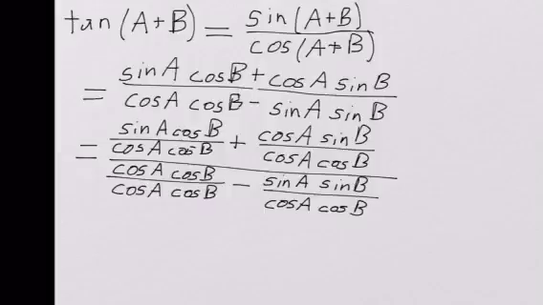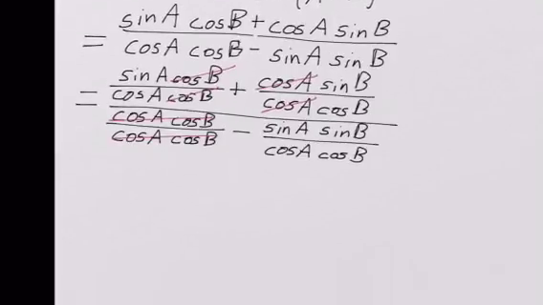In the first term in the numerator, I can cancel a factor of cosine of B. In the second term in the numerator, I can cancel a factor of cosine of A. And in the first term in the denominator, both cosine of A and cosine of B cancel out of the numerator and the denominator.